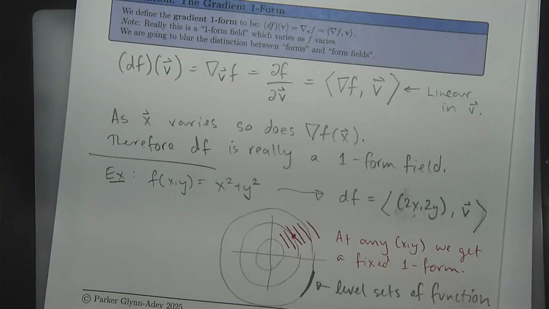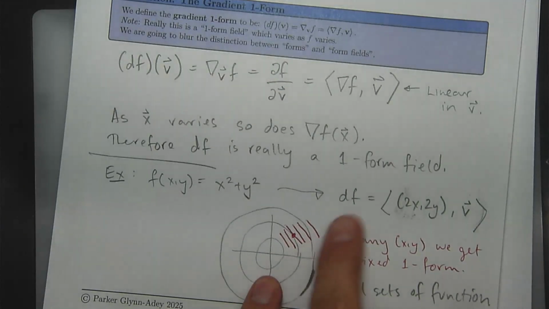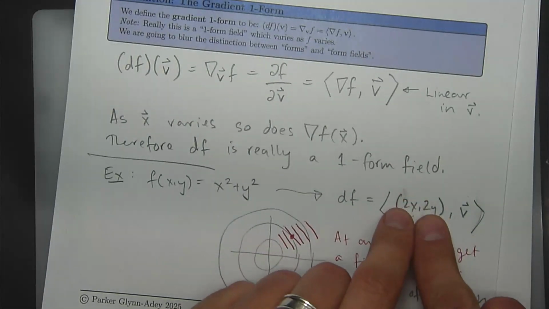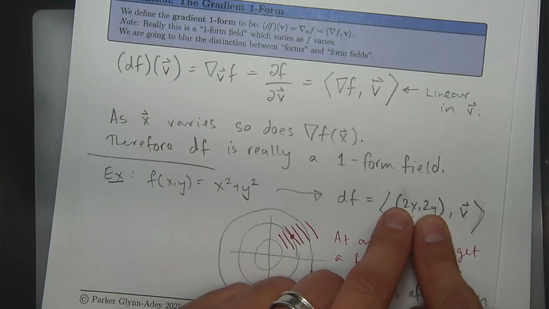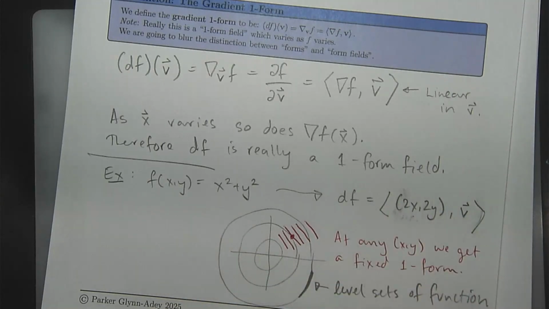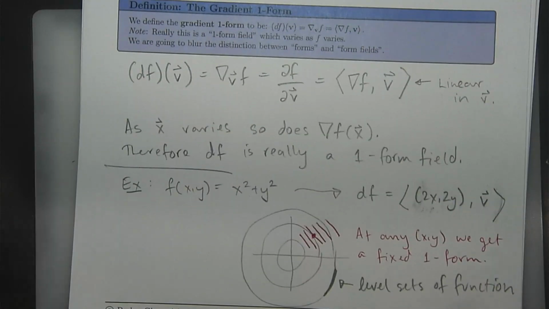Yeah, they get closer together, right? So as we move away from the origin, this vector is going to get bigger in magnitude, so the level sets are going to get kind of smushed together as we go out. Okay. Cool. Love it. Beautiful.